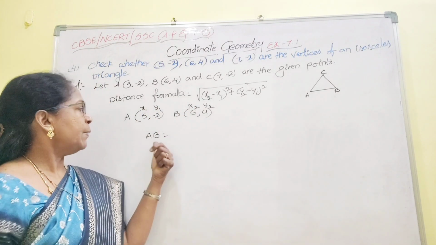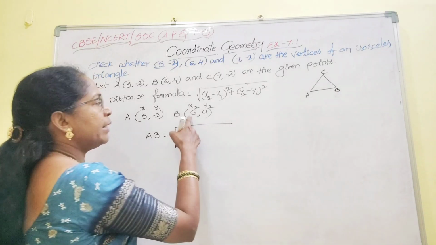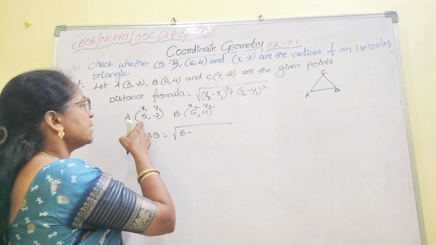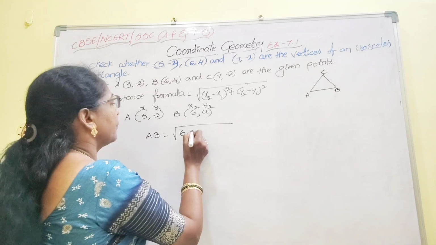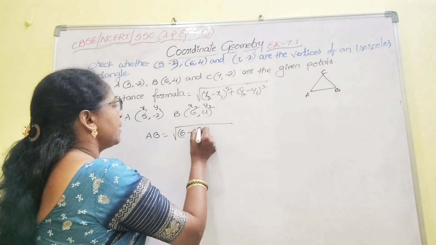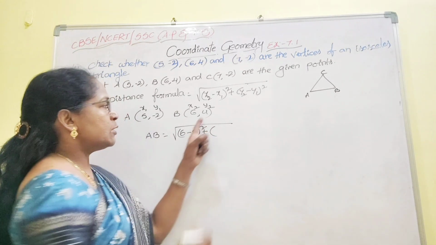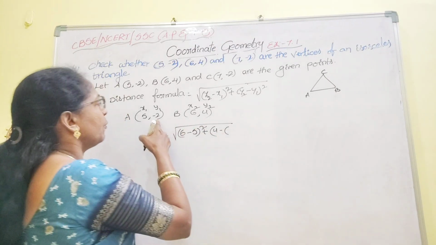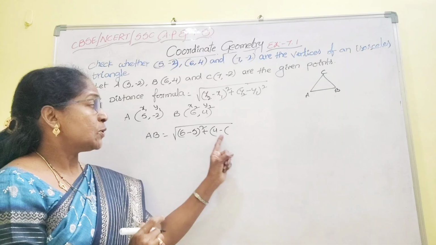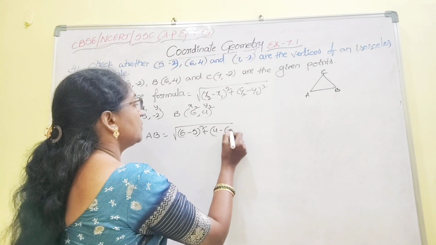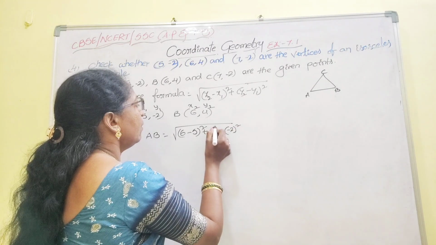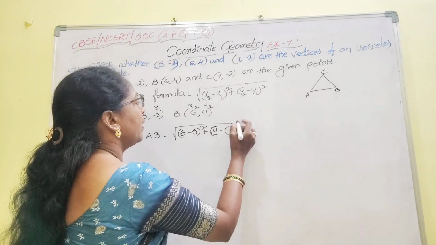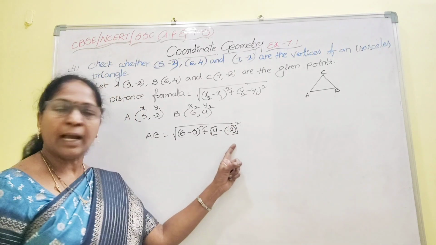Now AB equals square root of, where x2 equals 6, minus x1 equals 5, so 6 minus 5 whole square plus y2 equal to 4 minus y1, which is minus 2, so you have to keep a bracket, minus 2 whole square. Here write a square bracket, because the small bracket is already written here.